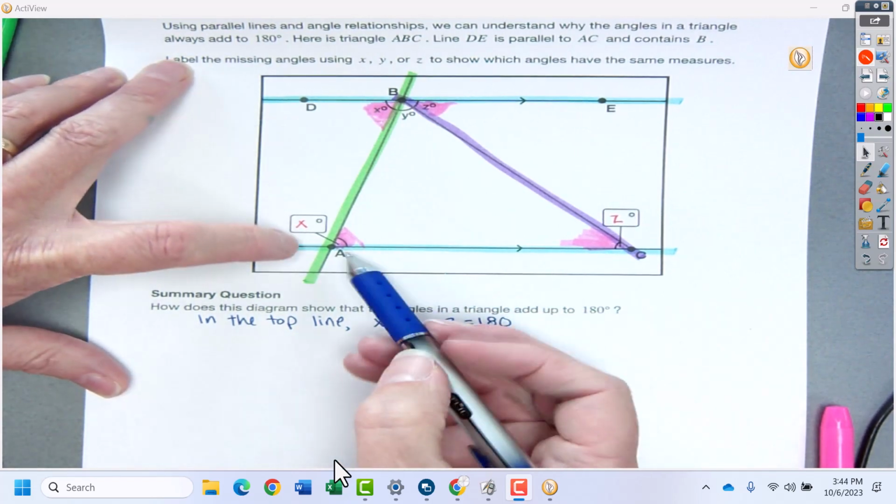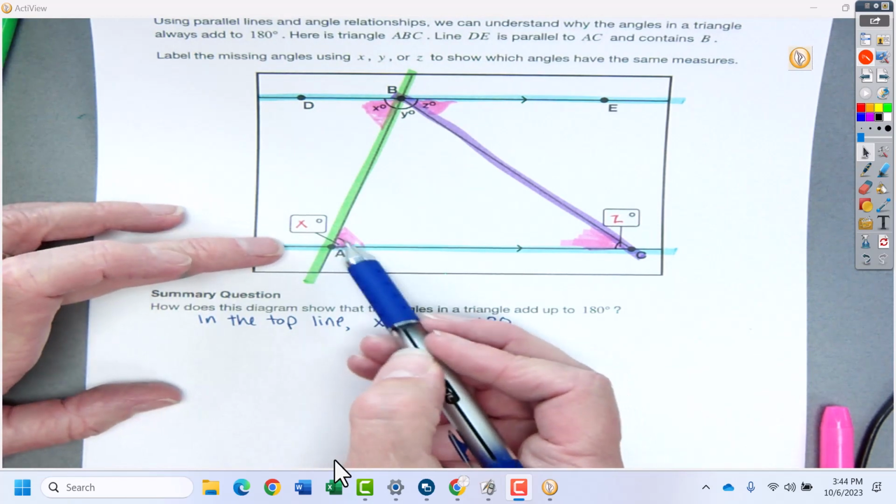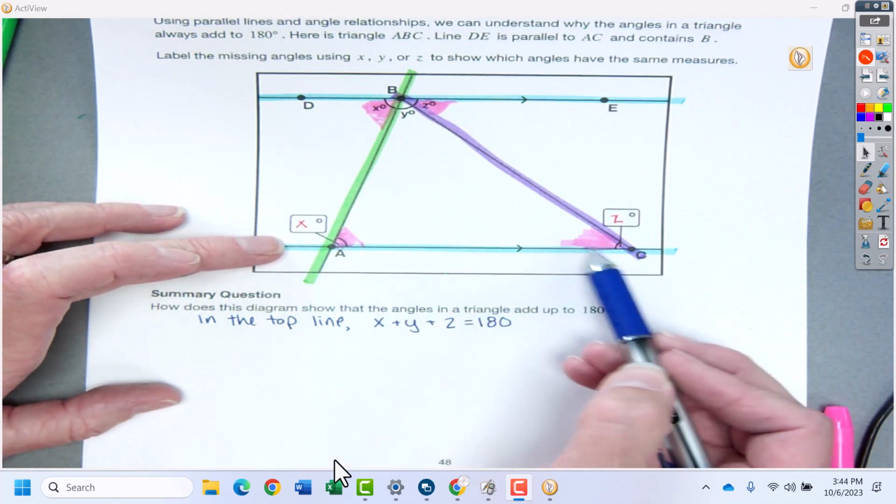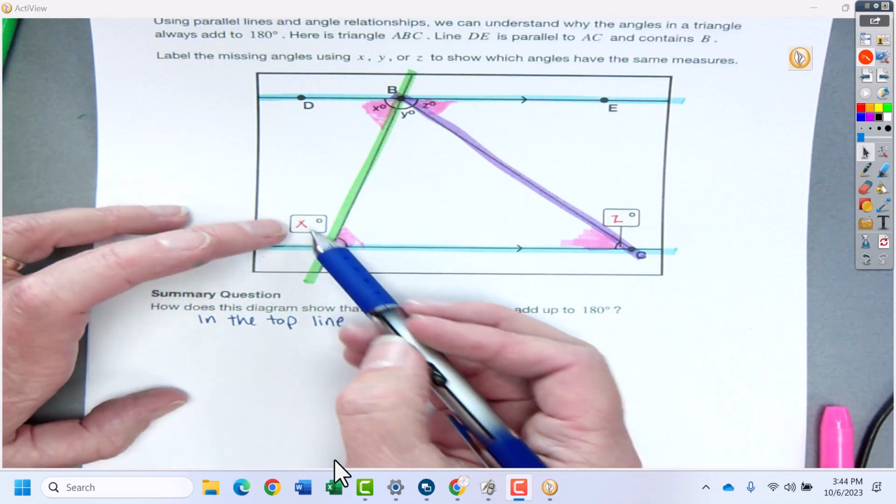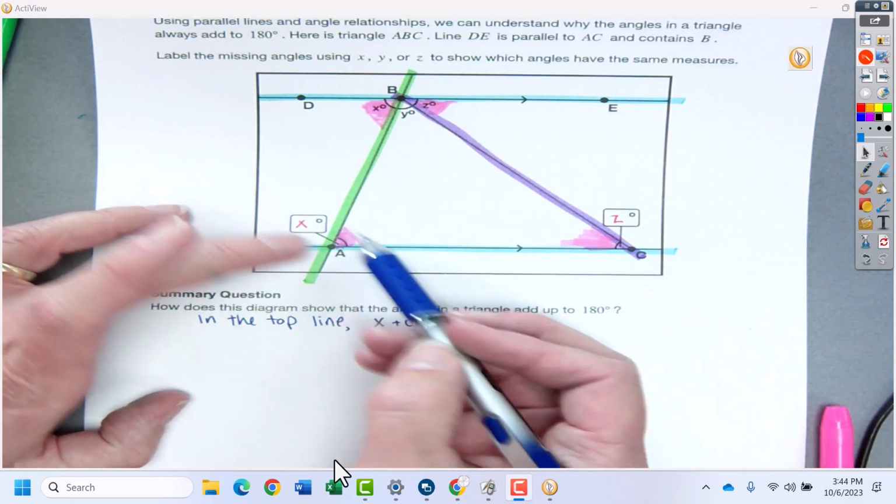And I know that angle A here at the bottom and angle C here at the bottom are also congruent, or equal measure, to x and z.